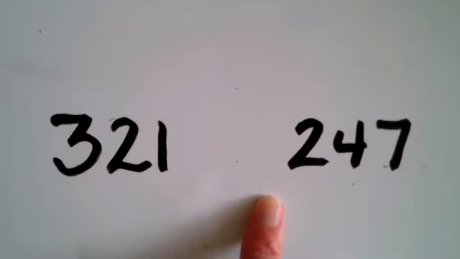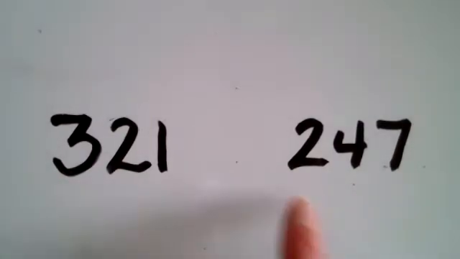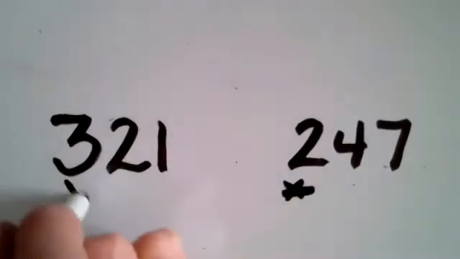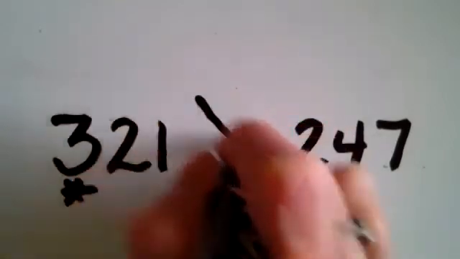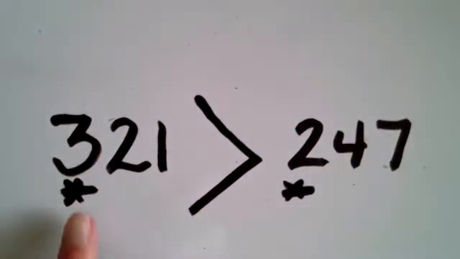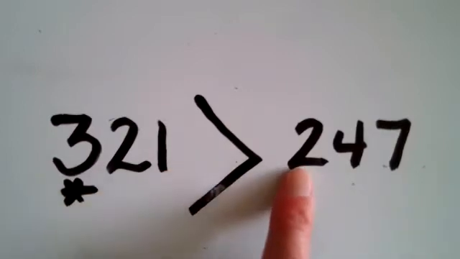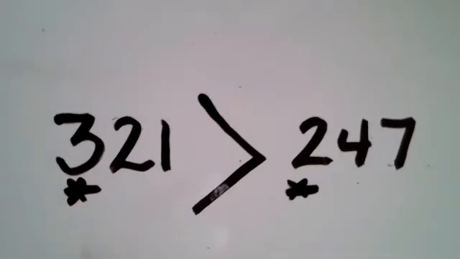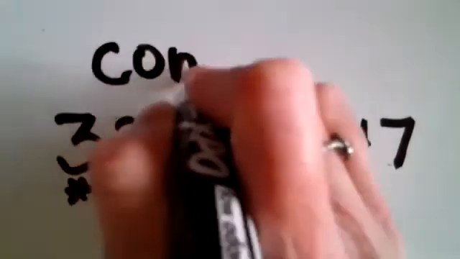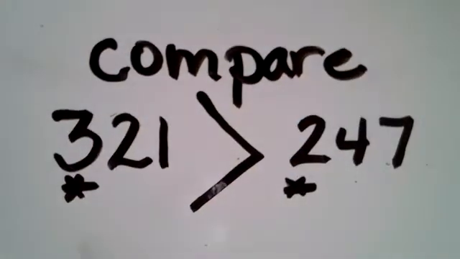The next thing that we learned how to check is we look at the greatest place, that's the hundreds, and we think about its value. 200s compared to 300s would mean that the 300s is more, so 321 is greater than 247. There is a specific set of steps that we follow when we compare two numbers.